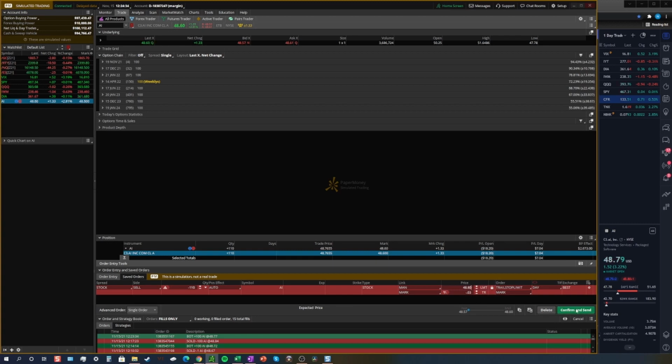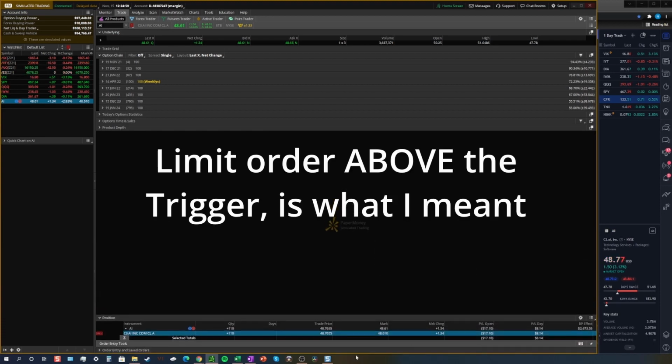I'm going to go ahead and put in a trail stop of 3 cents from the mark. Right now the mark's probably around 48.77 or so, so 3 cents into that would be like 74. But I want to limit out at 48.80 or better, which would be above in this scenario.